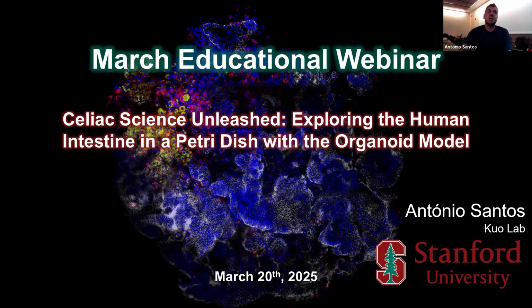Normally people try to recreate human disease using a mouse model, which is not great because it's a mouse, or using cell lines or very incomplete cultures in the lab. So this is a more complete, the best version of a human model in a petri dish. And I used it to study celiac disease.